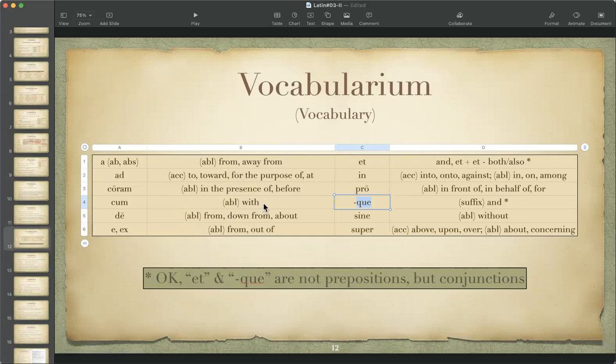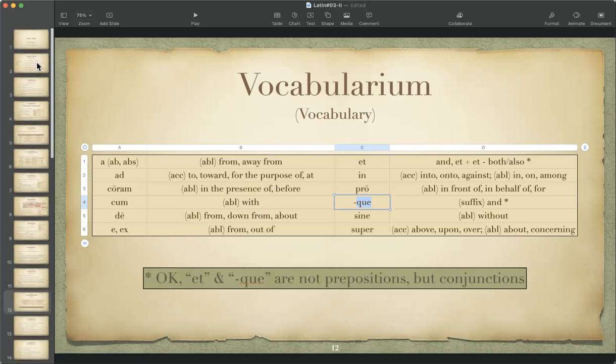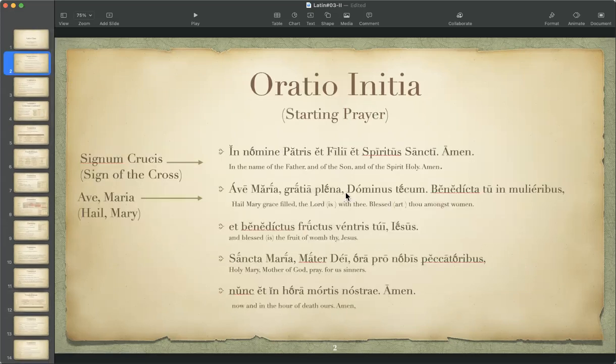Let's see, there's got to be, okay, we actually have that in the Ave Maria. You may not recognize it. Now there's a special case where they stick the word in front of the cum. So this tecum means with thee, okay?